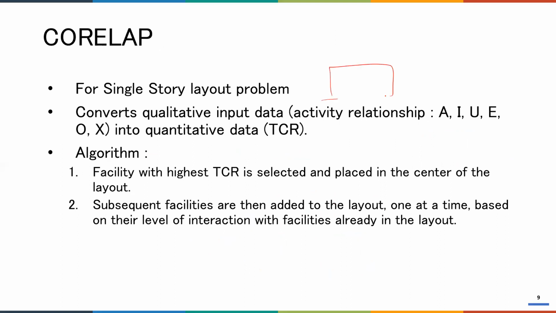The shape is kind of rectangular or square. It can be both, and it can be for single or multi-row. And then we use the value from the ARC and turn it into quantitative data by having this TCR, or total closeness rating.